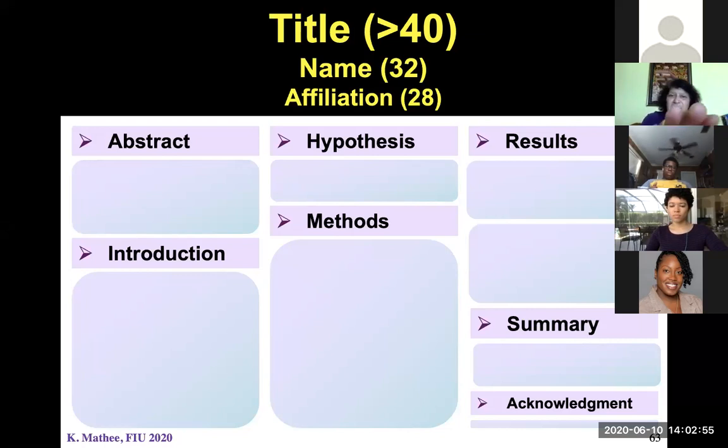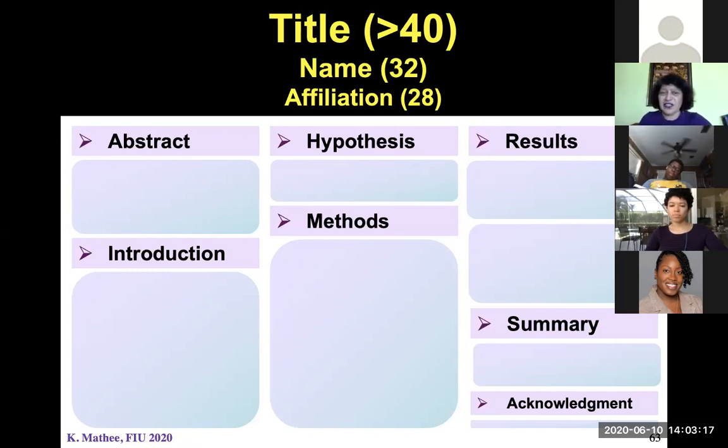And then you start with the title, which is above 40 font, because remember, a poster should be able to be read about 3 feet away. And the title you should be able to read around 6 feet or 5 feet away. So you put the title large, in sentence format, and then the name, and then the affiliation can be small, right?